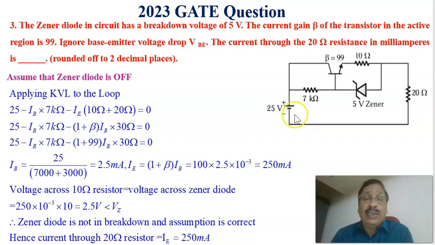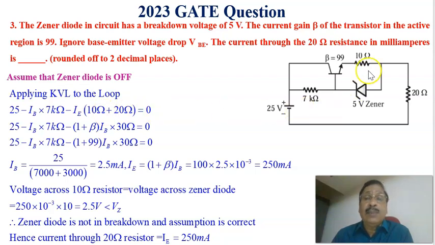Then 25 volt is the potential rise, minus the drop across the 7k ohm resistance. Because here it is open, IB is the same as this current. So IB into 7 kilo ohms, then this drop is neglected, and this drop is 10 ohm into IE, that is IE into 10 ohm plus IE into 20 ohm, IE into 10 plus 20, which is equal to 0.